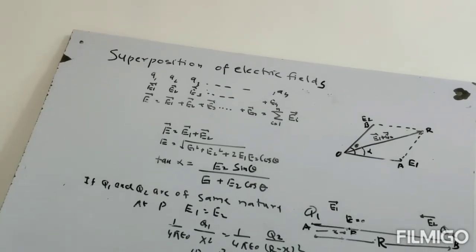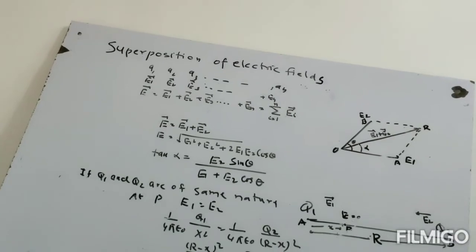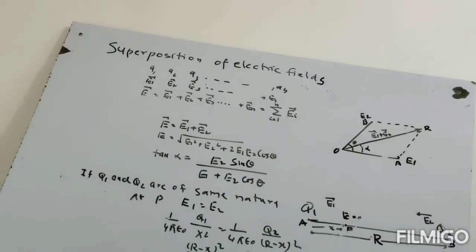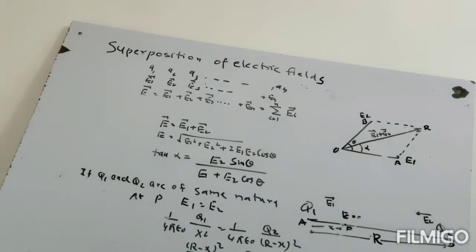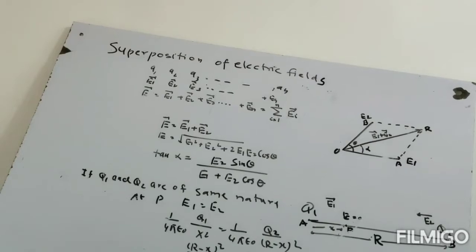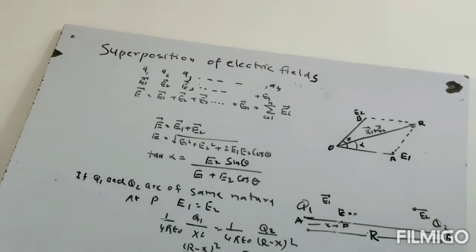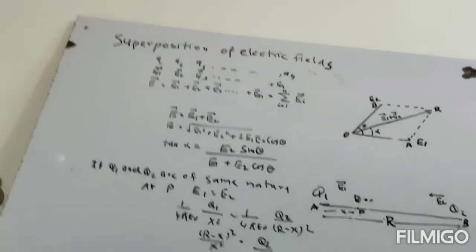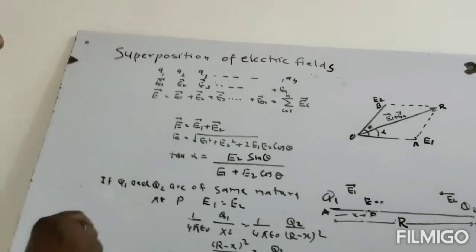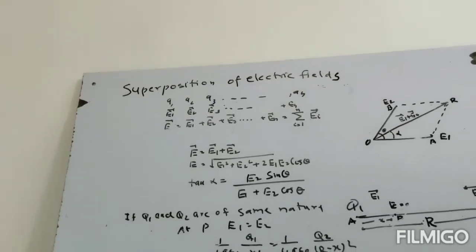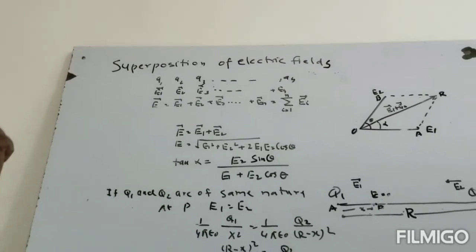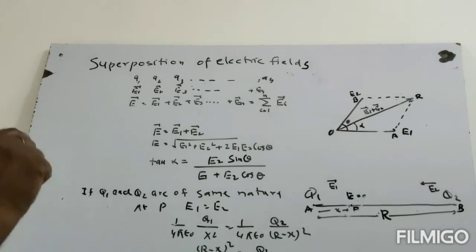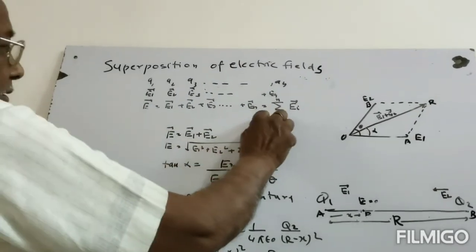According to that, the resultant of vector quantities is the vector sum of the vectors. So here we apply the same condition. The superposition of the electrical field will be equal to the vector sum E1 plus E2 plus E3 up to En.